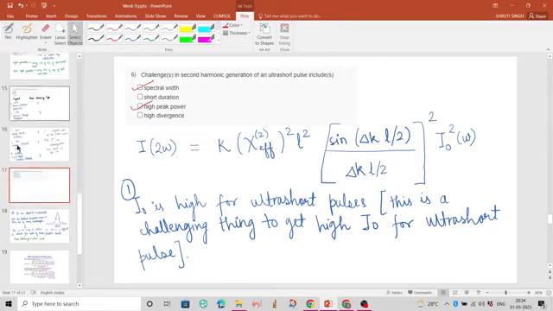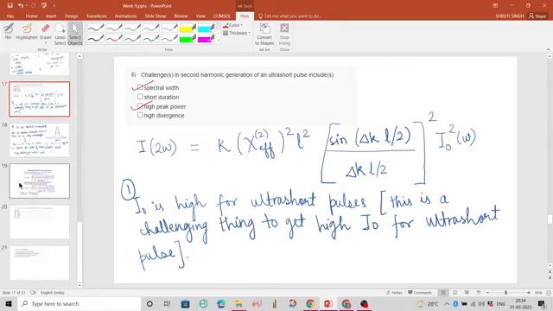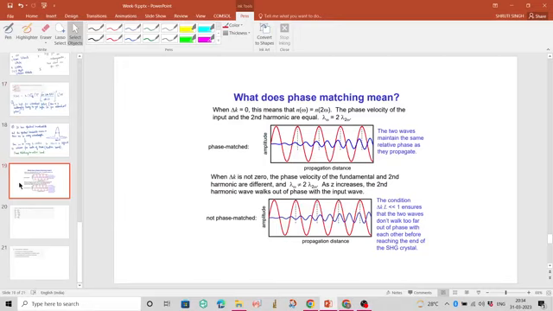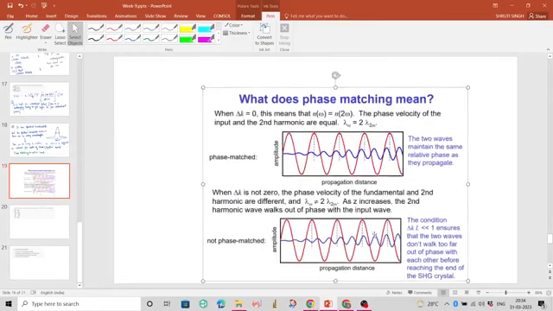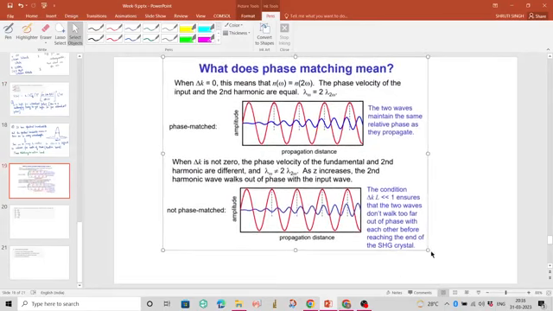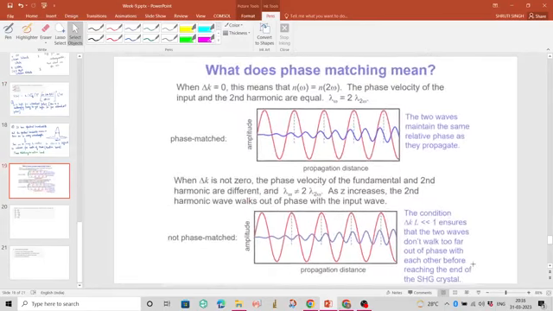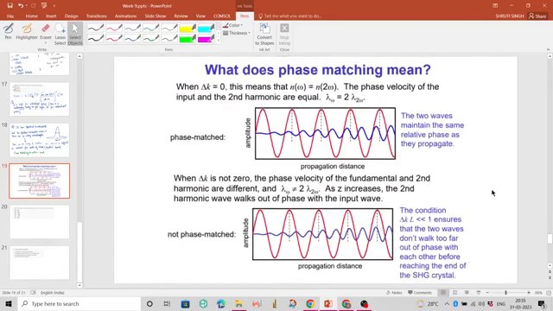Okay. So here I have given an example of what a phase matching means. So what does phase matching mean?